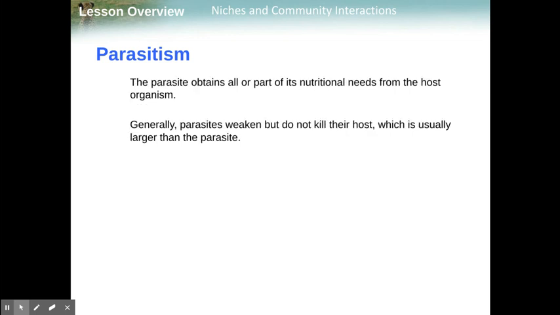The parasite will obtain all or part of its nutritional needs from the host organism, but generally they will weaken but not kill their host, because if they kill their host, they've ultimately lost their food source. Typically the host will be much larger than the parasite itself.